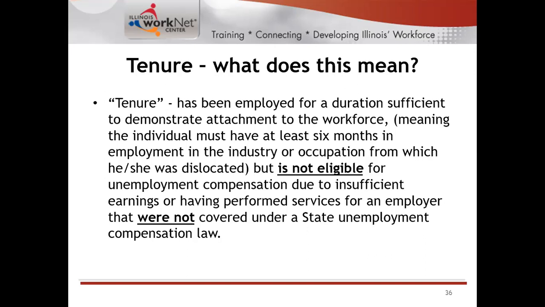One of the things about tenure, many people who traditionally would have met tenure ended up receiving pandemic unemployment assistance because it falls into that category of folks who are having performed services for an employer that were not covered under state UI or state unemployment compensation law. So what we're probably finding is, by and large, most clients who traditionally would have met tenure drew PUI, so they end up drawing unemployment.